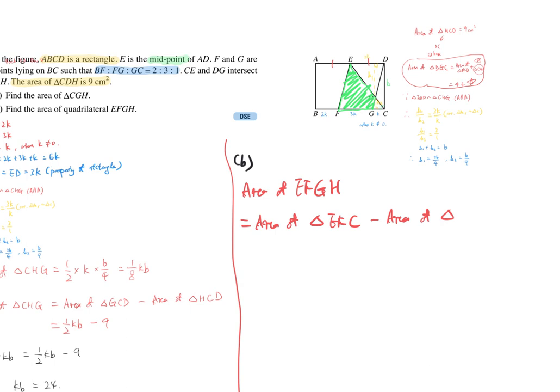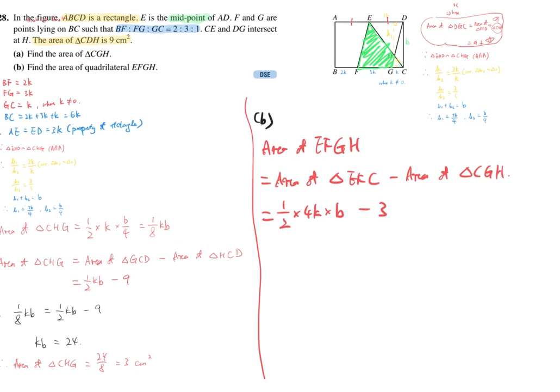I copied it wrong from before, this should be CGH. For triangle EFC, the area should be 1/2 times 4K times B. And then the area of triangle CGH is already found, it is 3 centimeters squared.